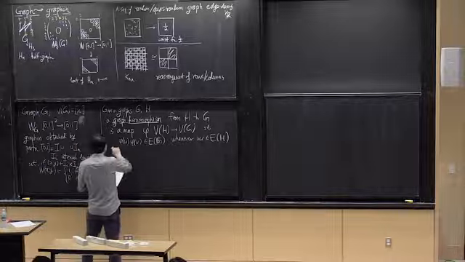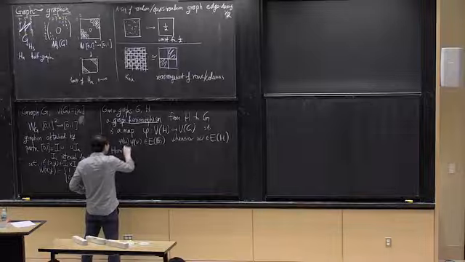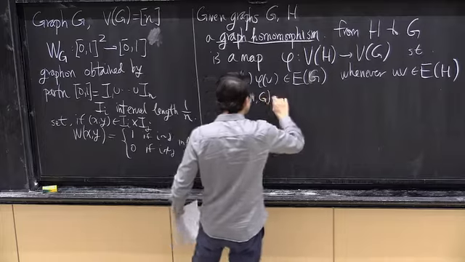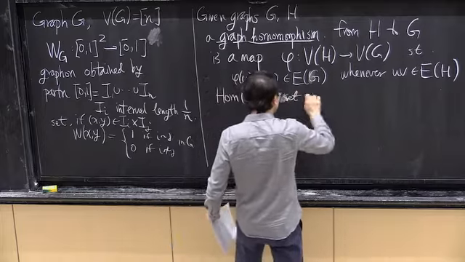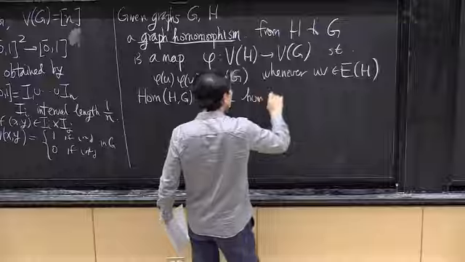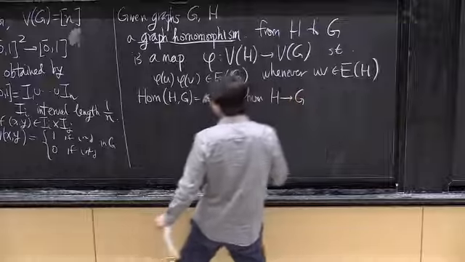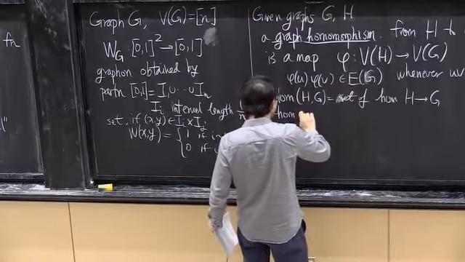So often I use uppercase to denote a set, so the set of homomorphisms from G to H, and lowercase to denote the number.